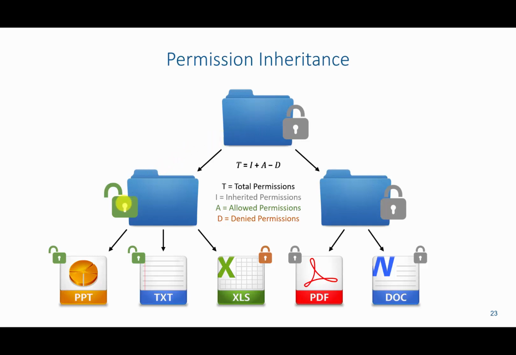However, we have overridden this rule with allowed permissions, so this user has access to this folder and all of its contents. That's why they have access to this PowerPoint file and this text file. Now we have minus denied permissions, so we have explicitly denied them access to this XLS file.